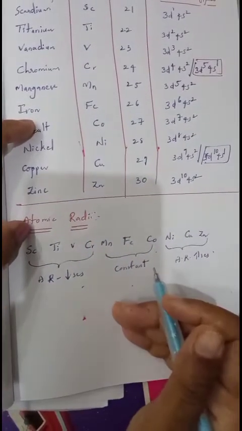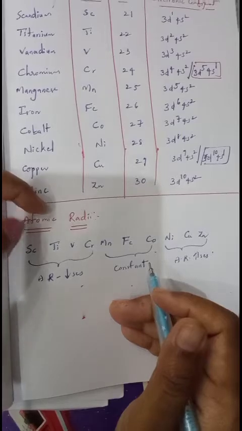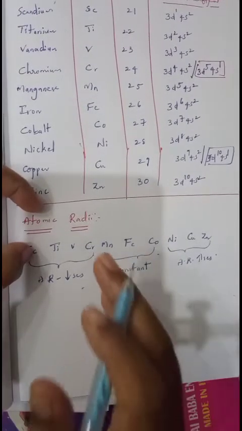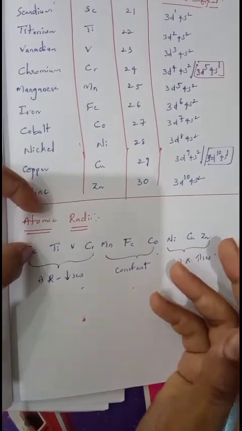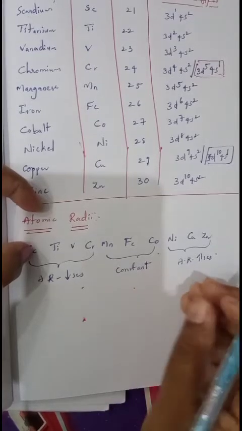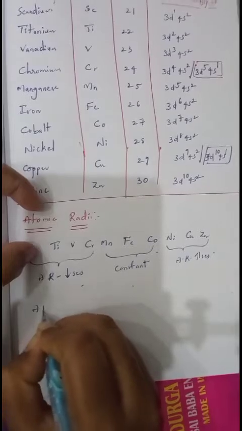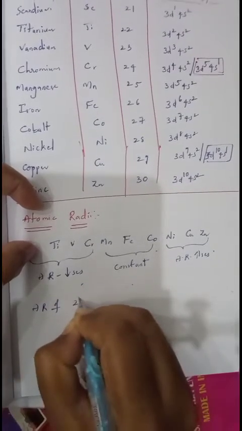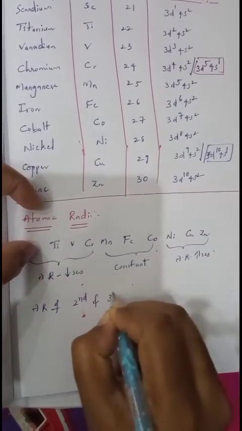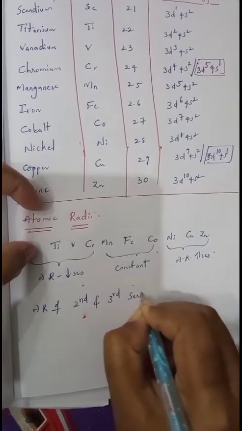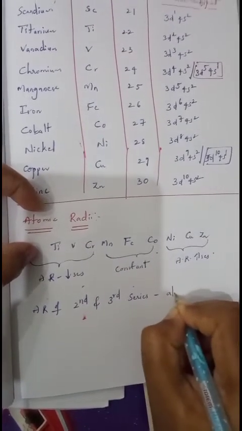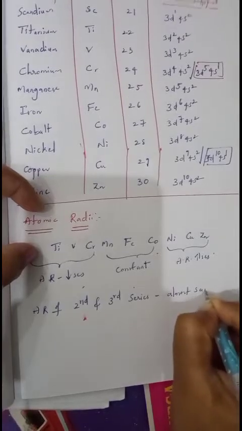When you observe the atomic radii of the first and second series, and the second and third series elements, the atomic radii of the second and third series elements are almost the same.